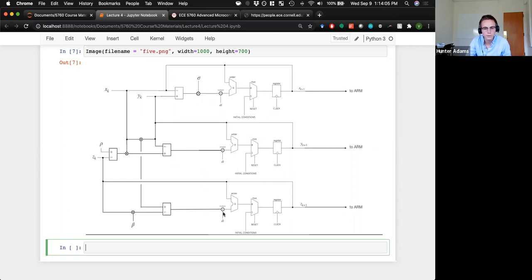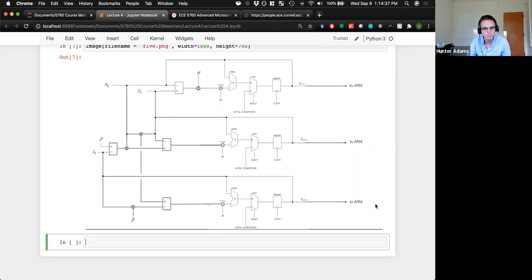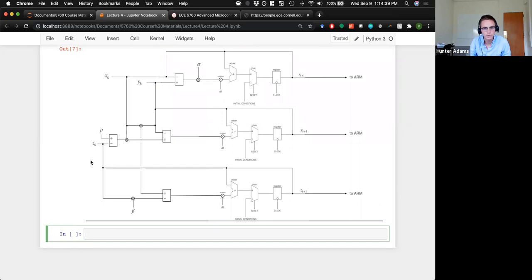And then we're multiplying those derivatives by dt and adding to x, y, or z of that current time step to get our outputs, x at k plus 1, y at k plus 1, and z at k plus 1. And those are fed back so that we can calculate the subsequent time step. And they're also communicated over to the ARM for visualization on the VGA. I'm going to talk about this communication to the ARM in probably the next lecture. But this is what you'll be building in ModelSim.